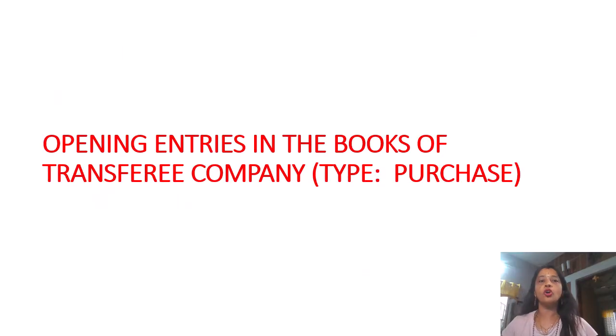The opening entries. Now which company is opening? Transferee company is opening. So whether it is amalgamation or absorption or taking over, see if it is amalgamation, imagine amalgamation is happening between two companies only. It can happen between three, it can happen between four, but it has to be more than one.